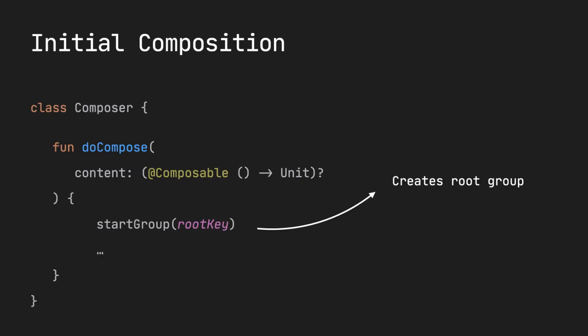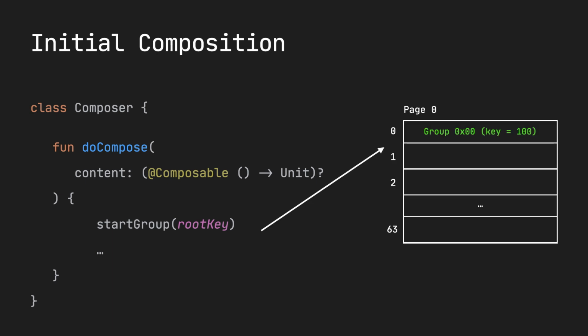The composer internally calls this method called root group. The root key is a hard-coded value, a key value of 100. So it goes in and starts to create a group address space, and it creates a page like this with 64 empty slots.